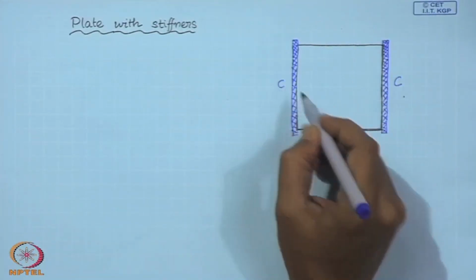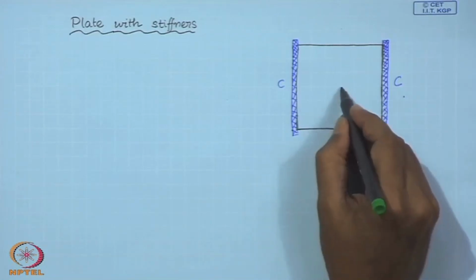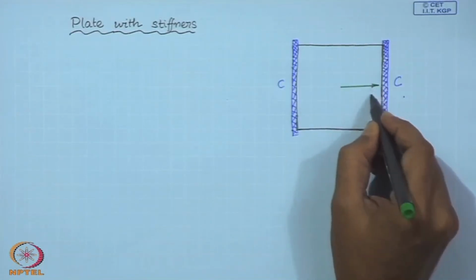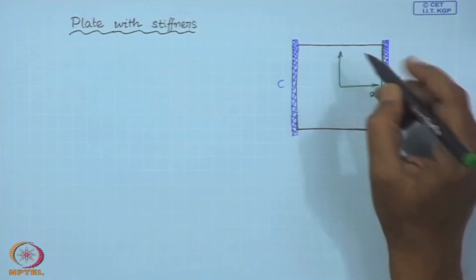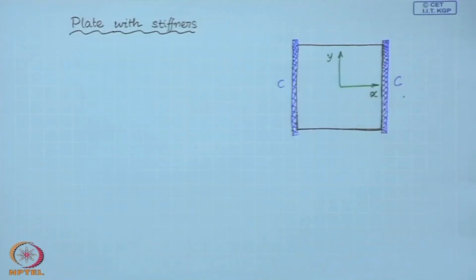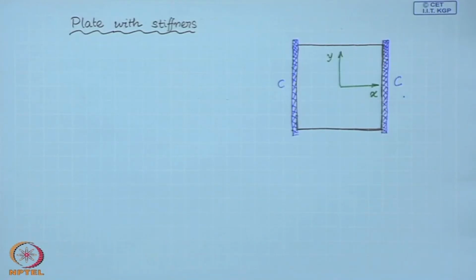So, these two edges are clamped, so the coordinate system is located at the geometric center.